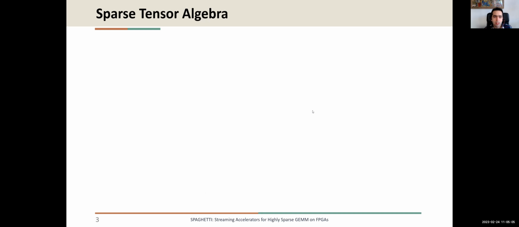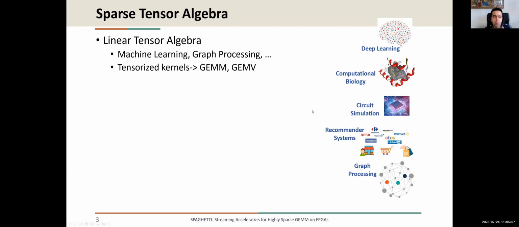All right, sparse tensor algebra. We use linear tensor algebra these days almost everywhere, from machine learning algorithms to graph processing, recommendation systems, simulations, computational biology.